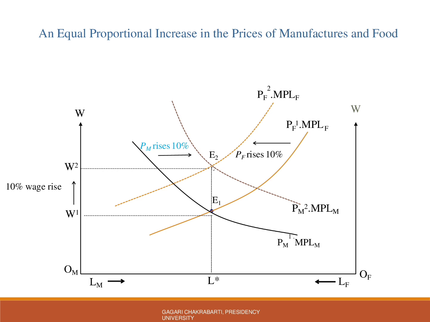Now how do we find out the impact on the specific factors? Here we shall consider what has happened to the employment of labor. In the manufacturing sector, the amount of labor used is the same as before.